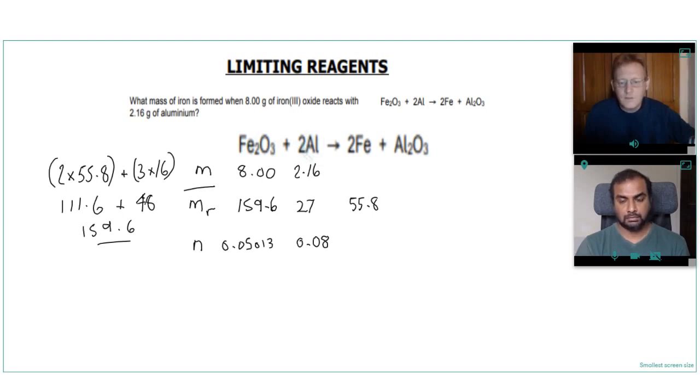So if we look at the aluminium, 0.08 moles of aluminium would react with 0.04 moles of iron oxide. And the amount of moles we've got is bigger than that. So this is the one that's in excess, and therefore the aluminium is our limiting reagent.